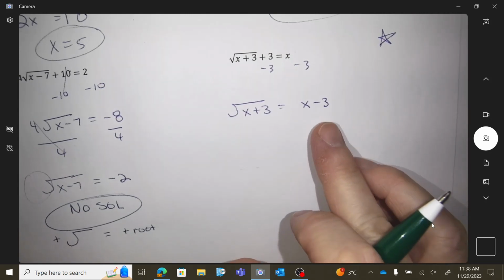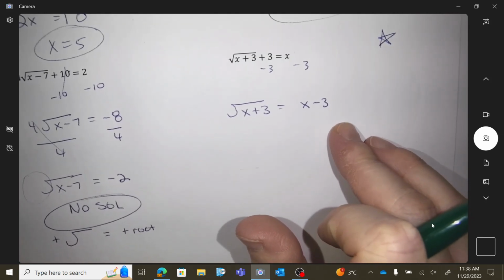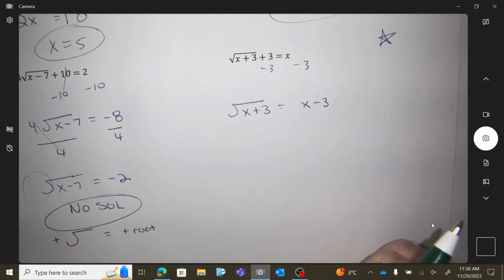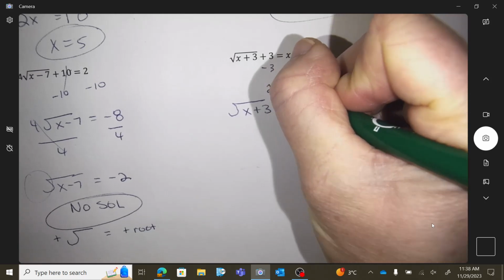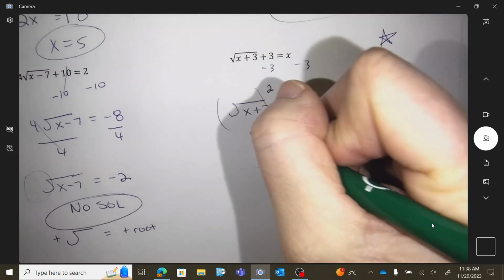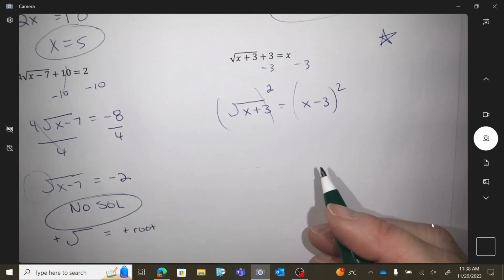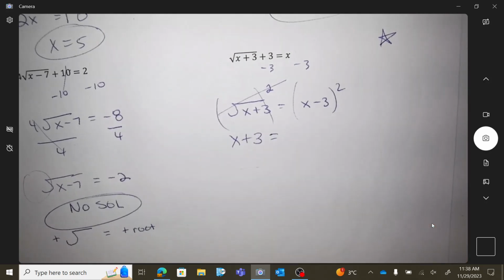Does this algebraically make sense if it's just x minus 3? Right? I can't put them together. When I do a subtract 3, that's just what I write. So now I'm going to square both sides. Square cancels square root.